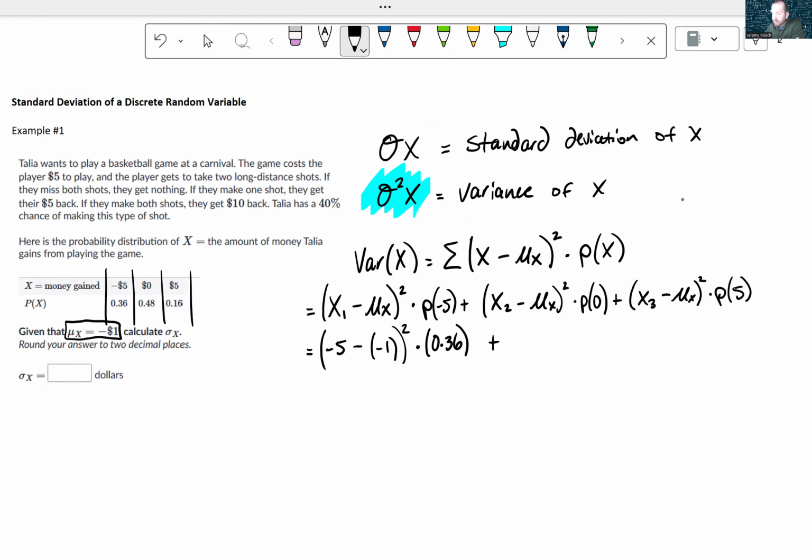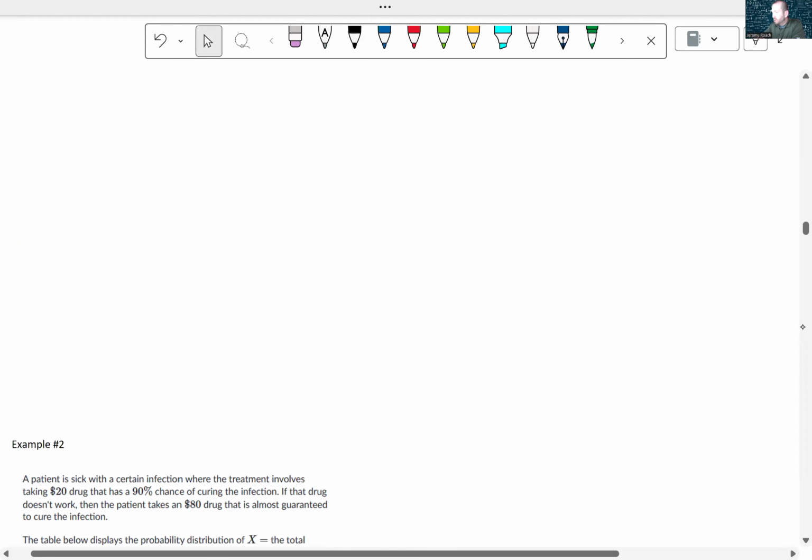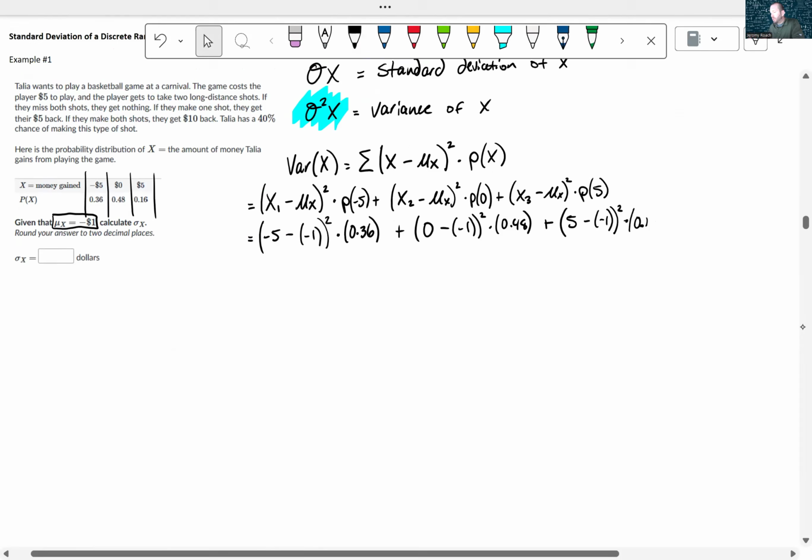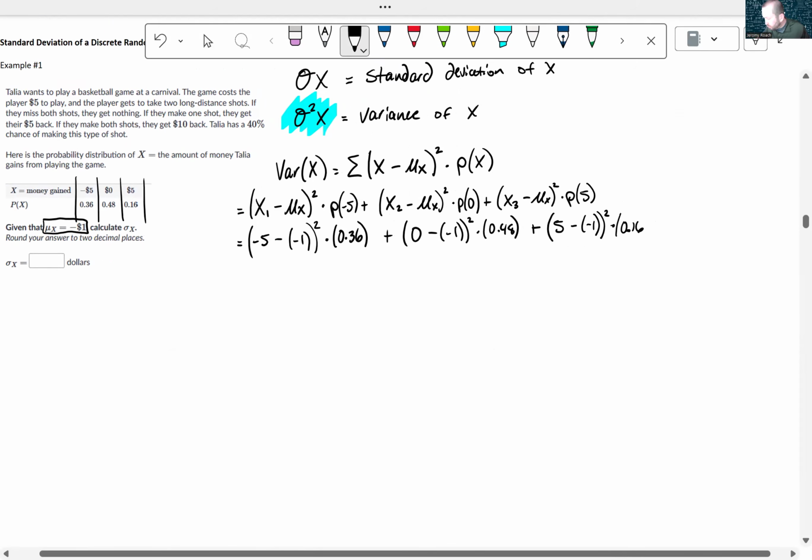Then we move on to the second data point and do the same thing: 0 minus -1, square that, times 0.48, plus the third data point, 5 minus -1, square that, times 0.16.